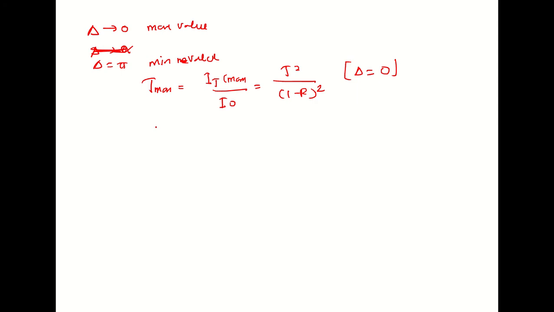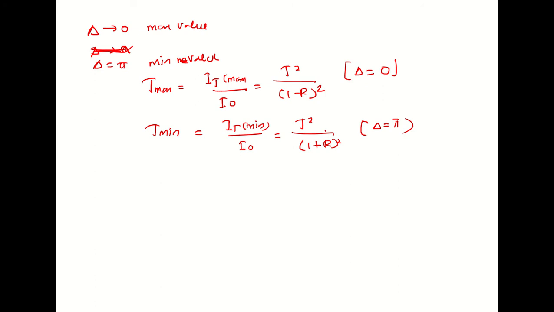Okay, and we will have a T minima, which is equal to I_T minima divided by I0, which is equal to t square divided by 1 plus r square. So this is the case where delta equal to pi.